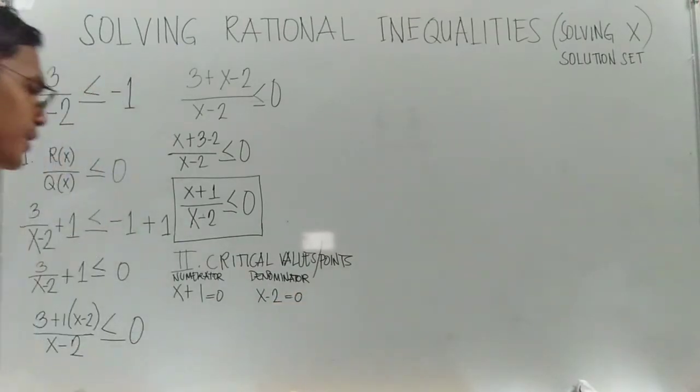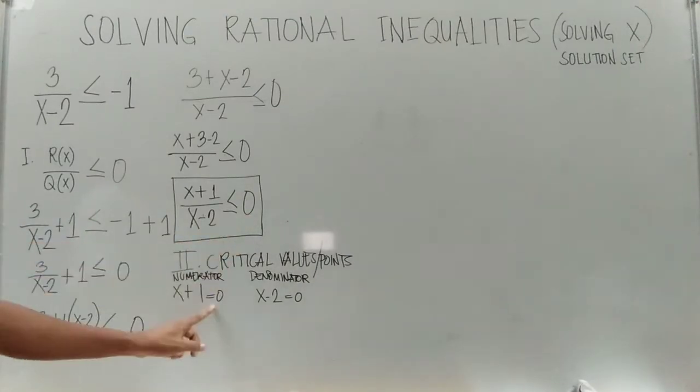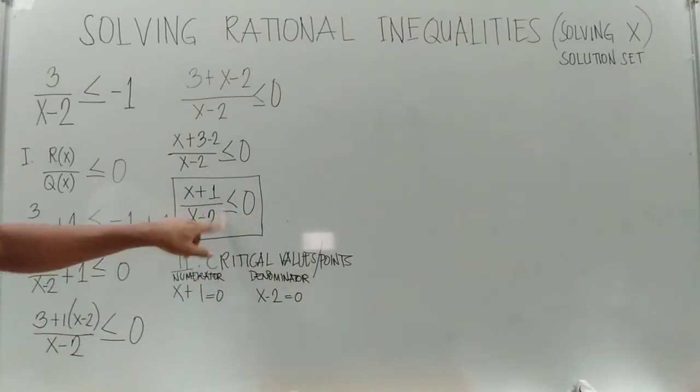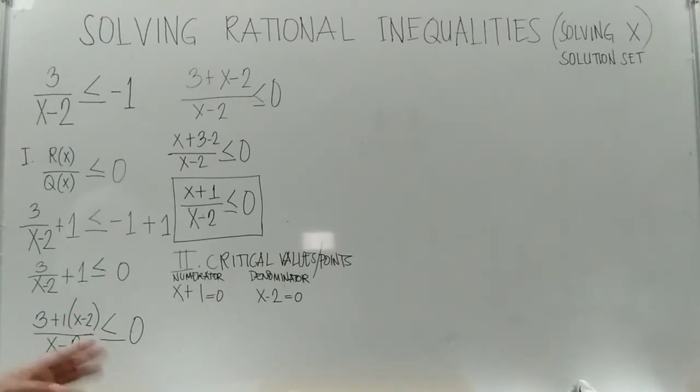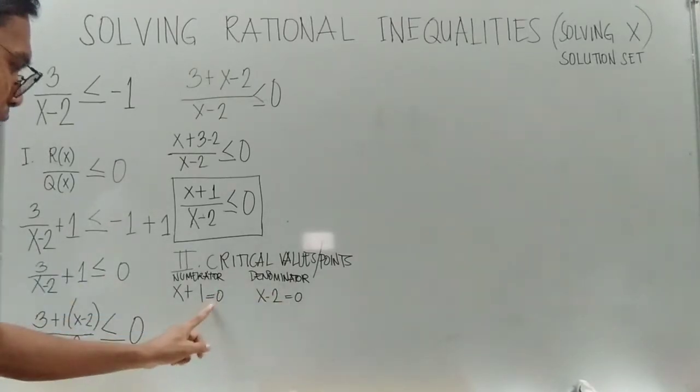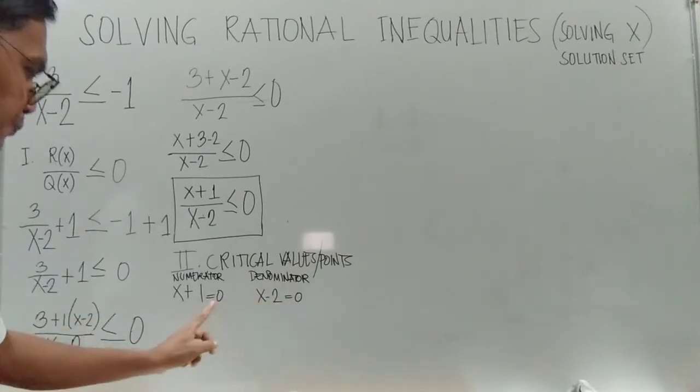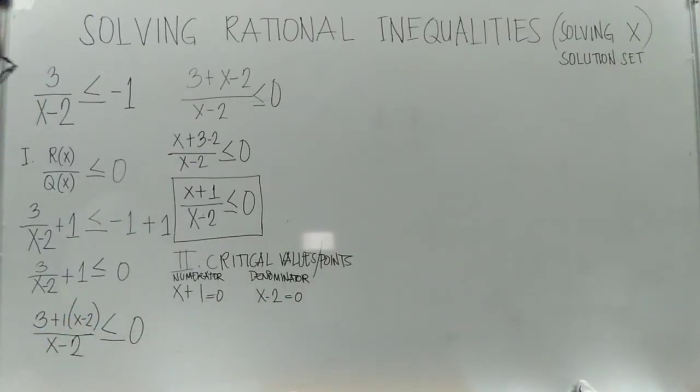So we are using 0 as your reference point. We are solving rational inequalities, but still we are using the equal symbol just to find your critical values or critical points.